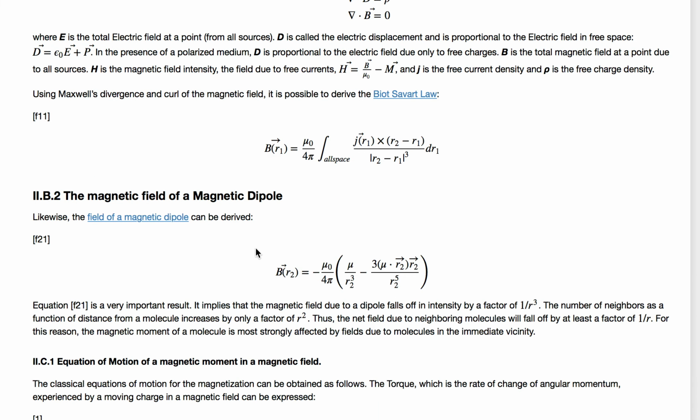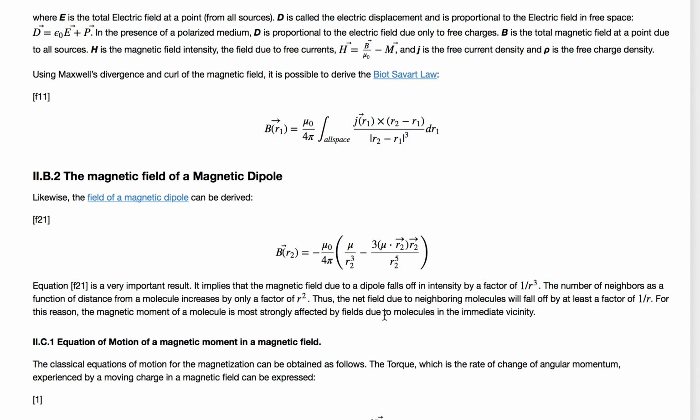Using that, we can determine the magnetic field of a dipole, and that will have this relationship, and we'll talk about that, I believe, in lecture 3.